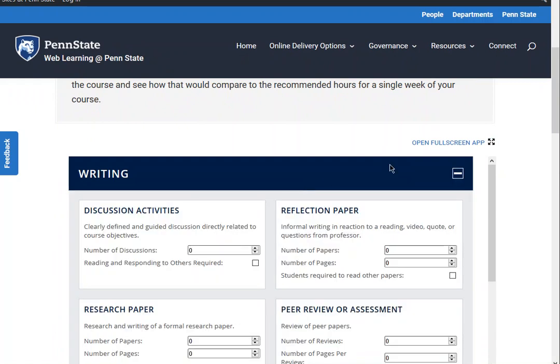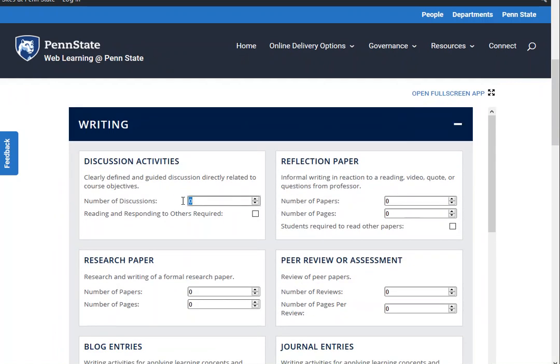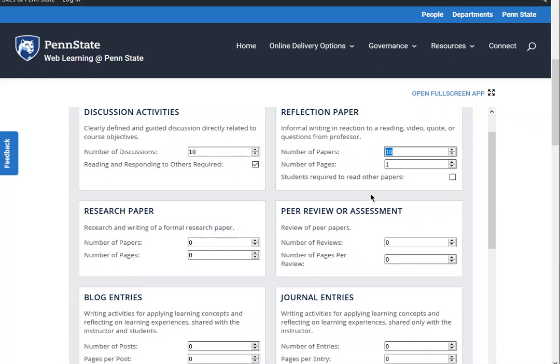You would expand each section and say, I have 10 discussions. Students have to respond to each other. I have 10 reflection papers, and those equal 1 page. Are students required to read other papers? No, they're not.